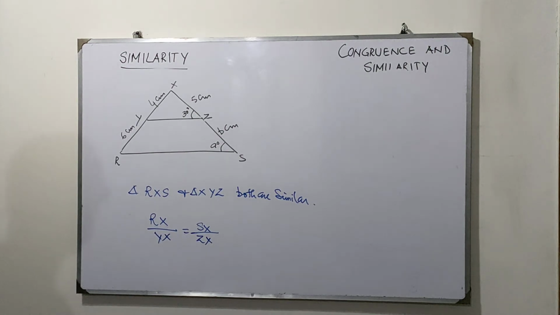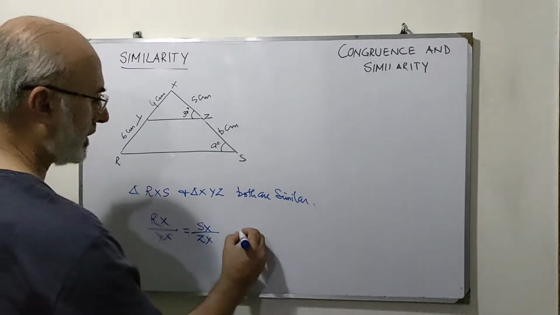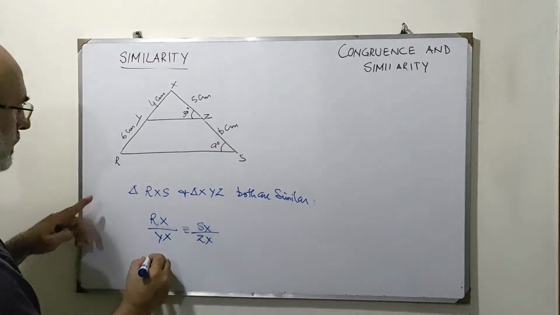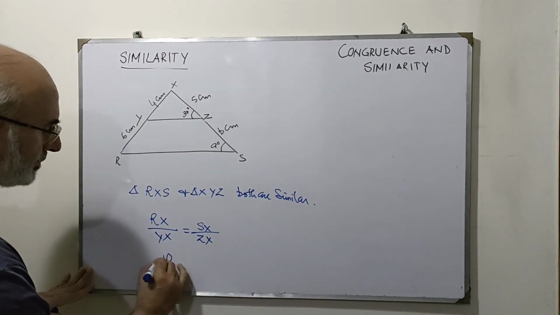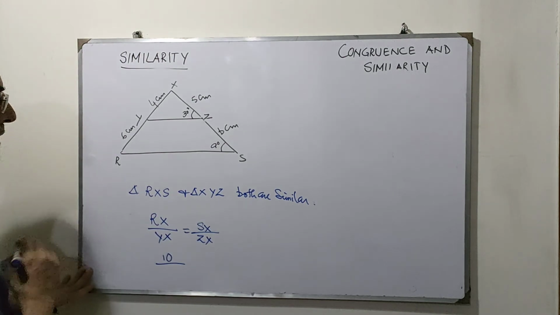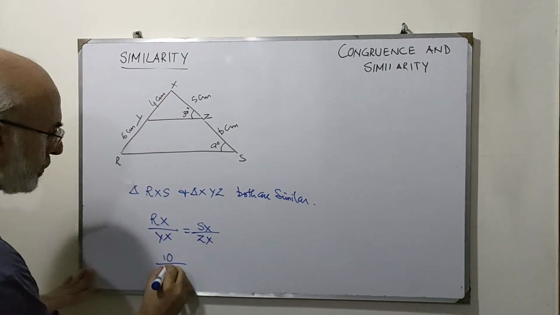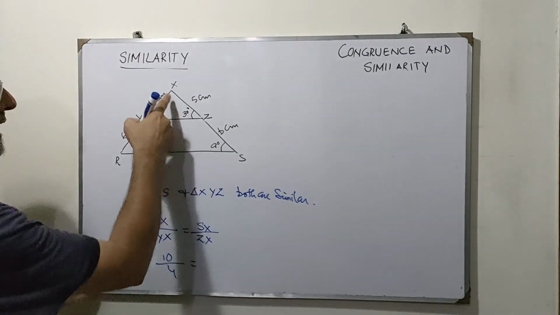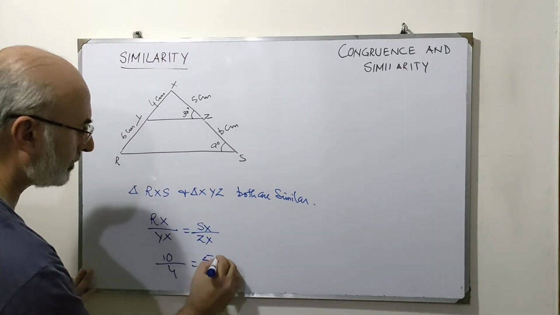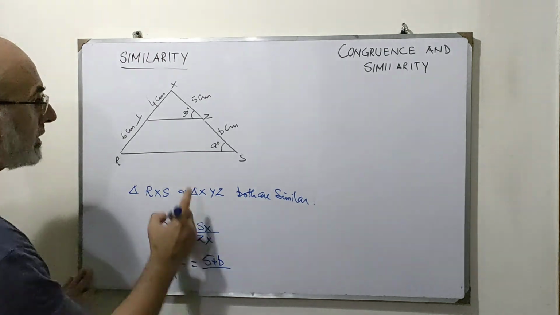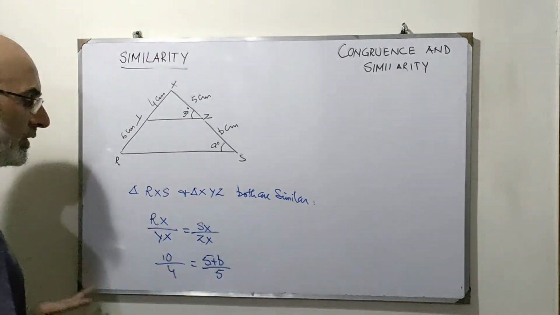So it is basically RX, which is 6 plus 4 is 10, over YX, which is 4, is equal to SX, which is 5 plus b, over ZX, which is 5.